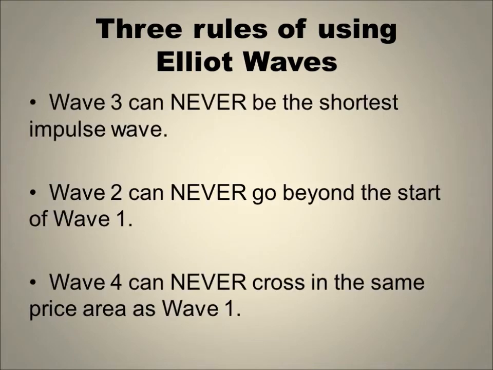Okay, so here are 3 rules for using Elliott waves. I'll go through these quickly. Wave number 3 can never be the shortest impulse wave, because remember, the first wave makes up the people who know this market and they're experts in this market. Those are the people that set the trend. Wave number 3 consists of people who are knowledgeable about the market, but they don't have that deep knowledge that the professionals have.